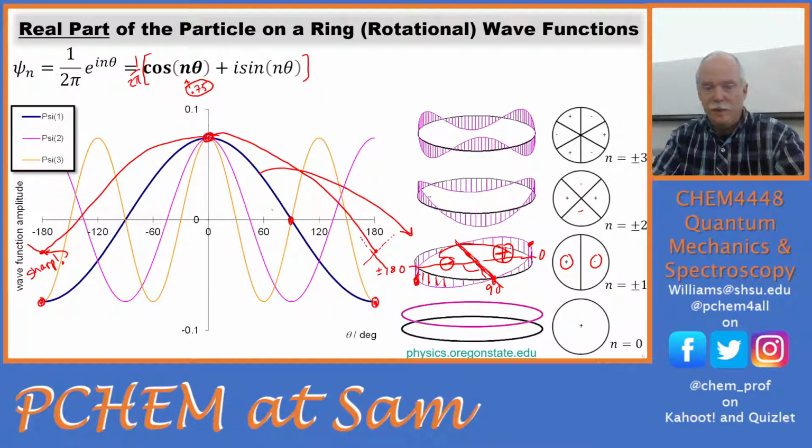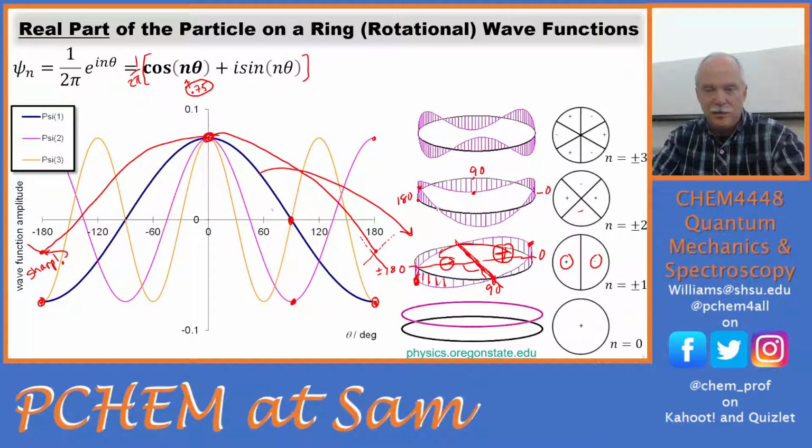Let's look at the n equals 2. Okay, so that one is going to be this pink one. It goes down at 90 degrees, it's negative. At 180 degrees, it's positive again. And so we'll start here at 0. At 90 degrees, it's negative. At 180 degrees, it's positive.